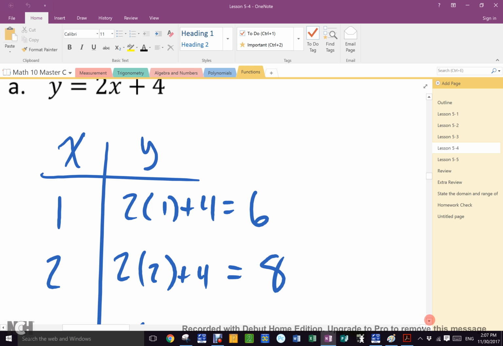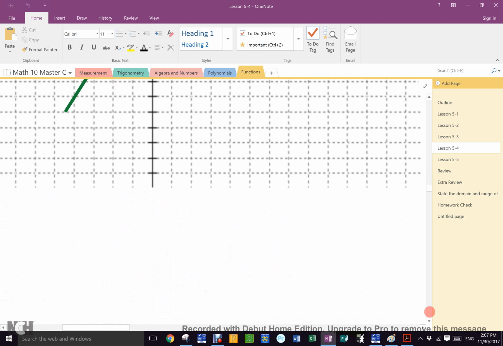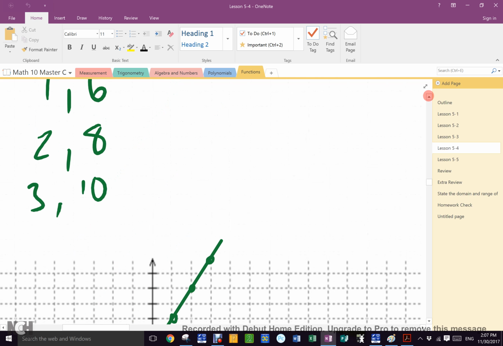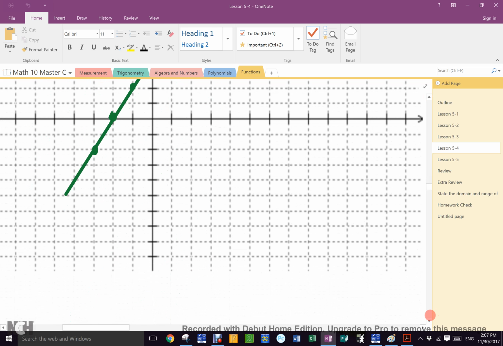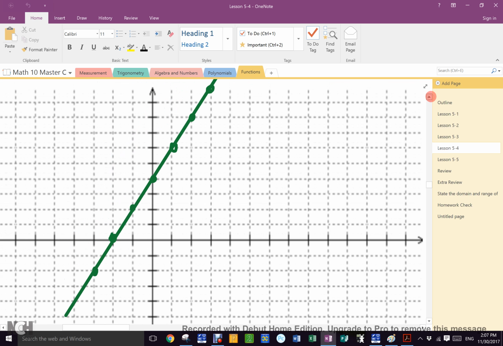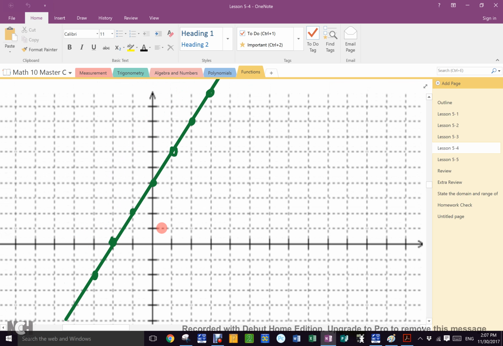What's 1 plus 4? 5. So, if I go out to 1/2, right there, and there's 1/2, agreed? There's a half, there's a half. See? No matter what number I choose, it's going to be on the line.